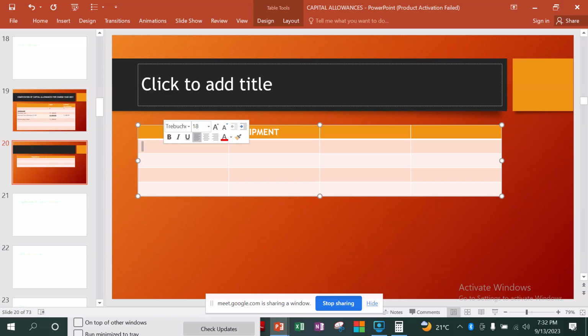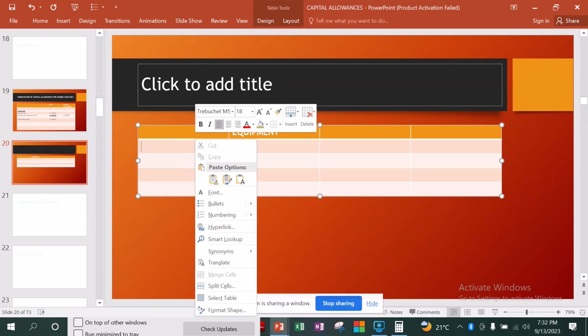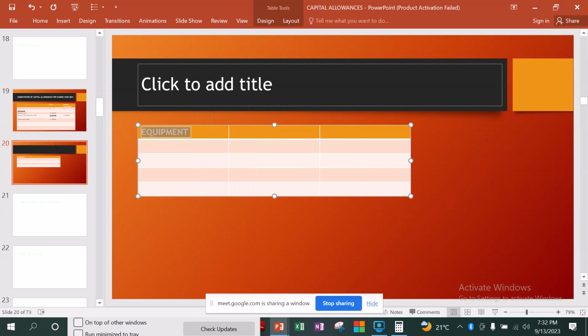Okay, move this one. Okay. Have equipment. Again, we have monetary values. Put it on the board. Also underline. And under equipment, we have purchase cost.